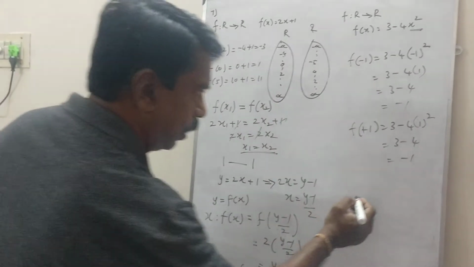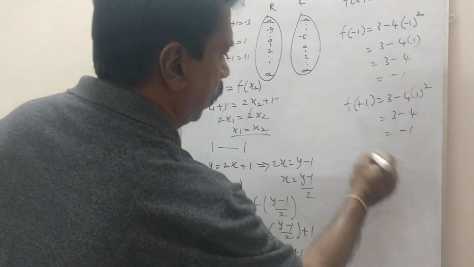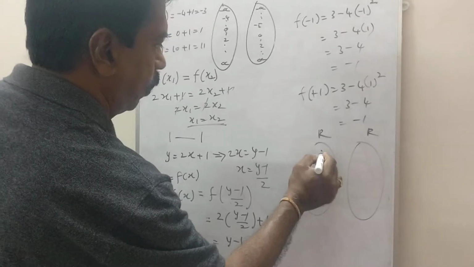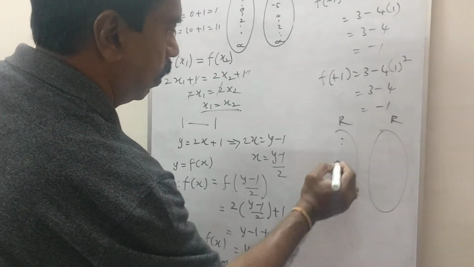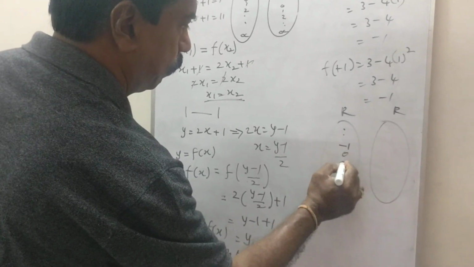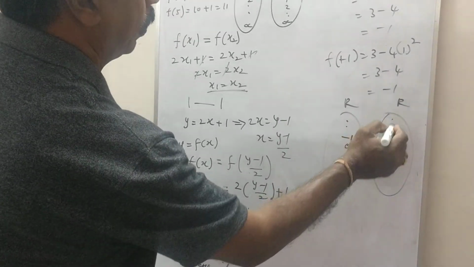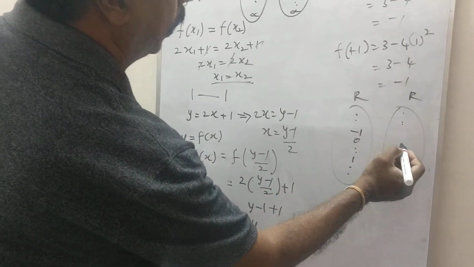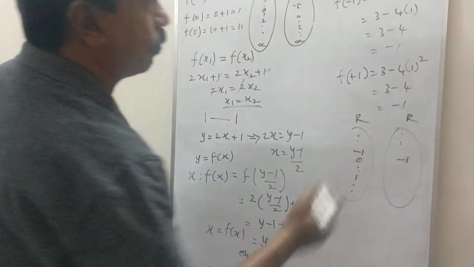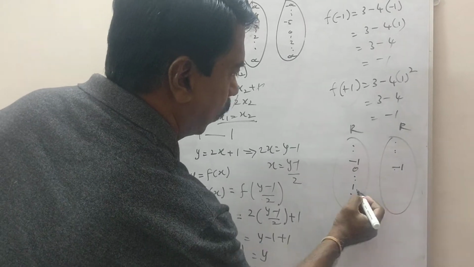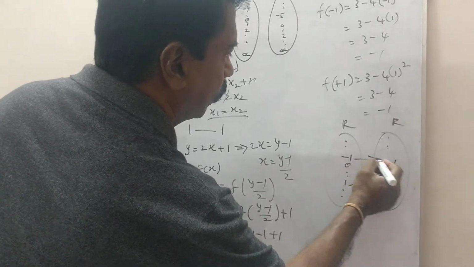So here, with this simple example, these two are domain and codomain. We have definitely so many elements. For this element minus 1, we have minus 1 as the image, and for plus 1 also, we have minus 1 as the image.